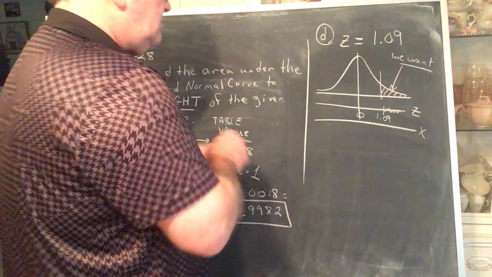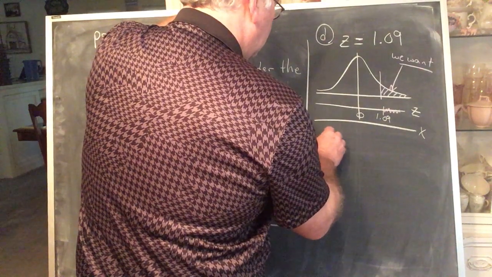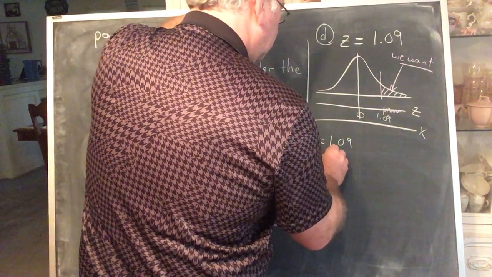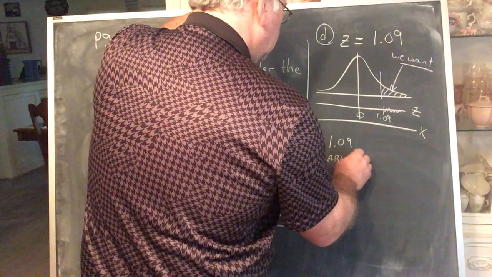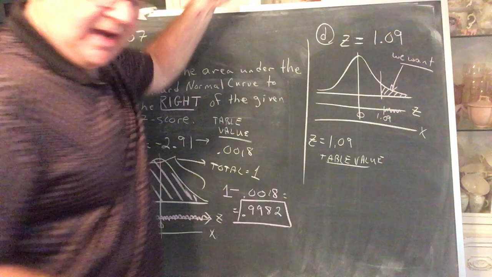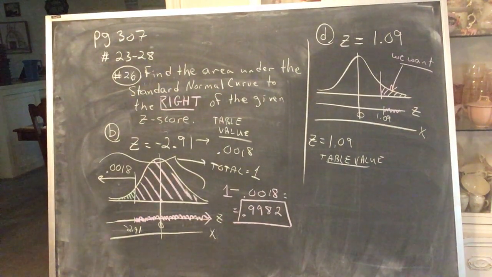Well, the table value associated with 1.09, let me take out my table. 1.0, remember this is positive, 1.0, and in the 9 column, I'm actually entering from the right-hand side of the table.